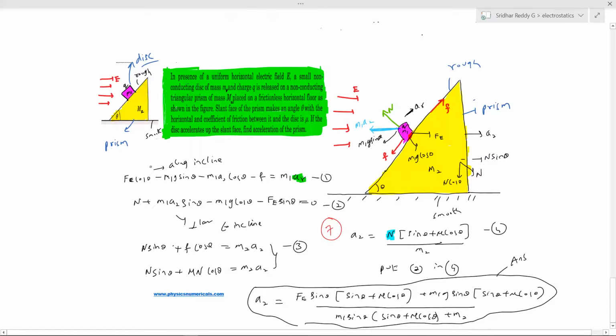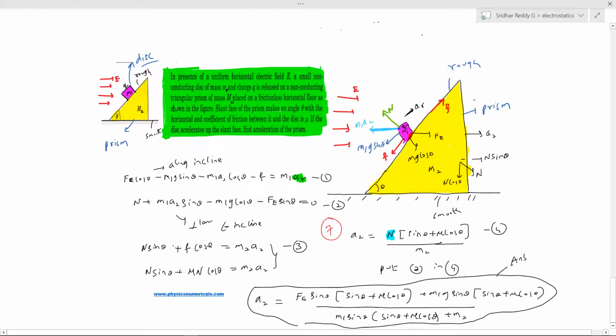Let me indicate this. What are the various forces that are acting? m1g sin theta and m1g cos theta.